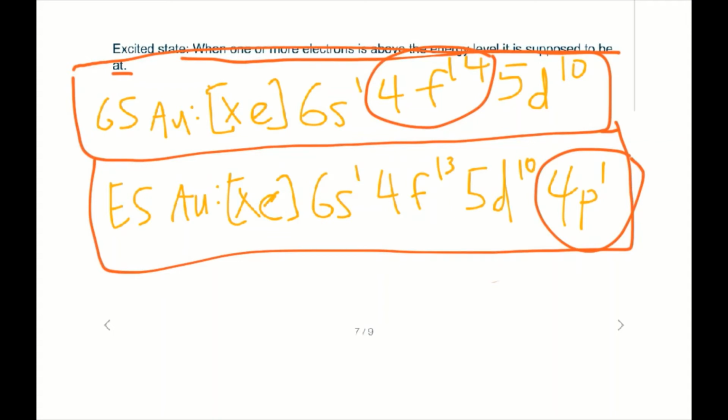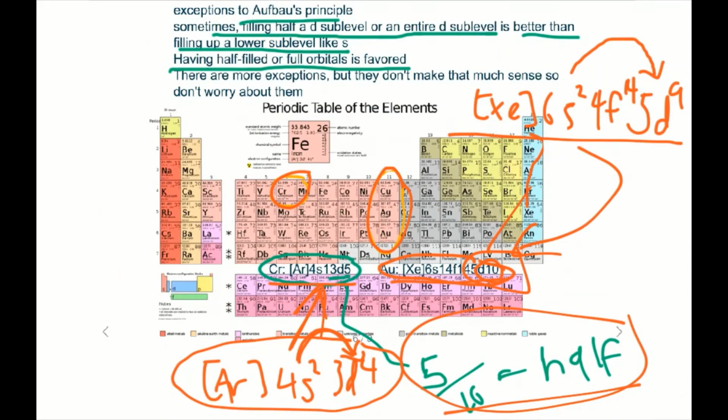So now that we talked about that, let's talk about something that might be confusing. Remember how if you write out the electron configuration for gold naturally, you get this. And when you move one 6s electron to the 5d sublevel, you get this down here. Let me just erase that and show you that.